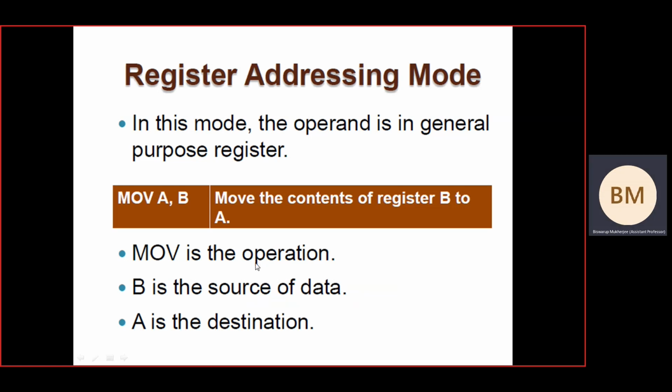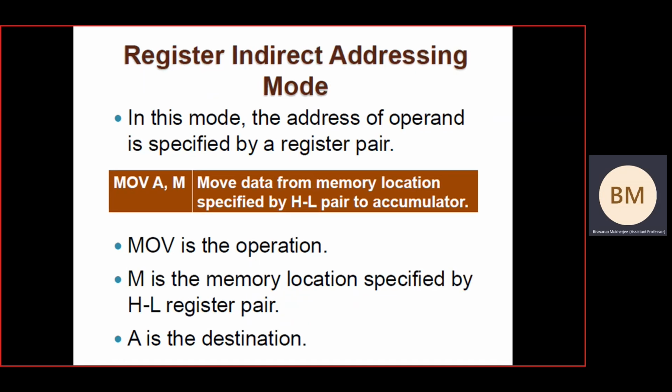Next, similarly we have the register indirect addressing mode. It is the mode where the address of the data is denoted in a register pair, that is, indirectly.